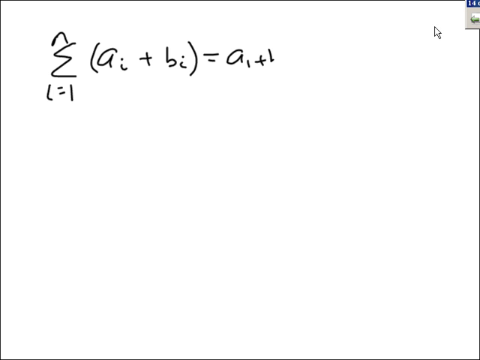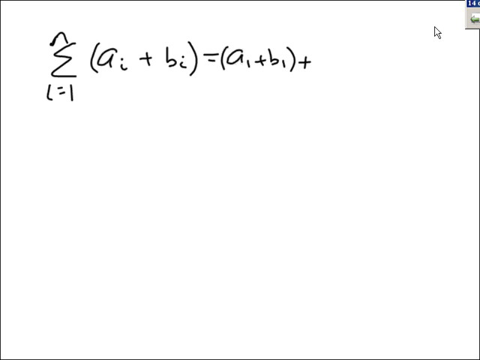Now some basic rules. Suppose you have the summation of a sub i plus b sub i, and i goes from 1 to any number n. Well, first i is 1, so you get a1 plus b1.